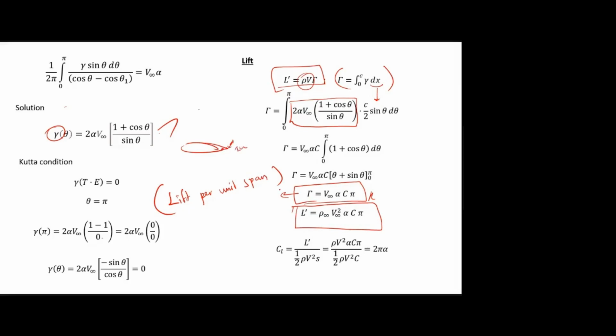Unit span is there. So the proper definition of this L dash is lift per unit span. You are correct. So once you know lift, we can find the CL. L dash divided by half rho v square s, and here as it is 2D, it is simply c. Substitute and simplify, you will get CL is 2 pi alpha. Is that clear up to that?